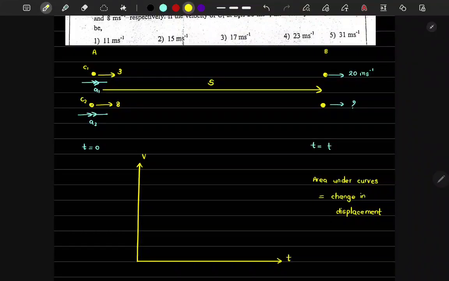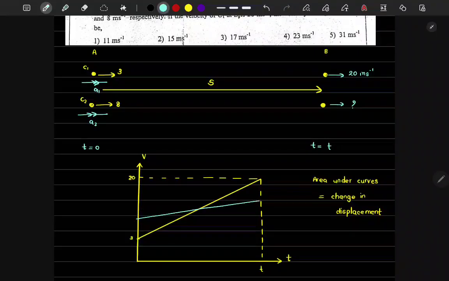So let's first draw the C1 curve. The initial velocity is 3 and the ending velocity is 20. So it should be something like this. For the other object, C2, the starting velocity is 8 and the ending velocity is what we must find.